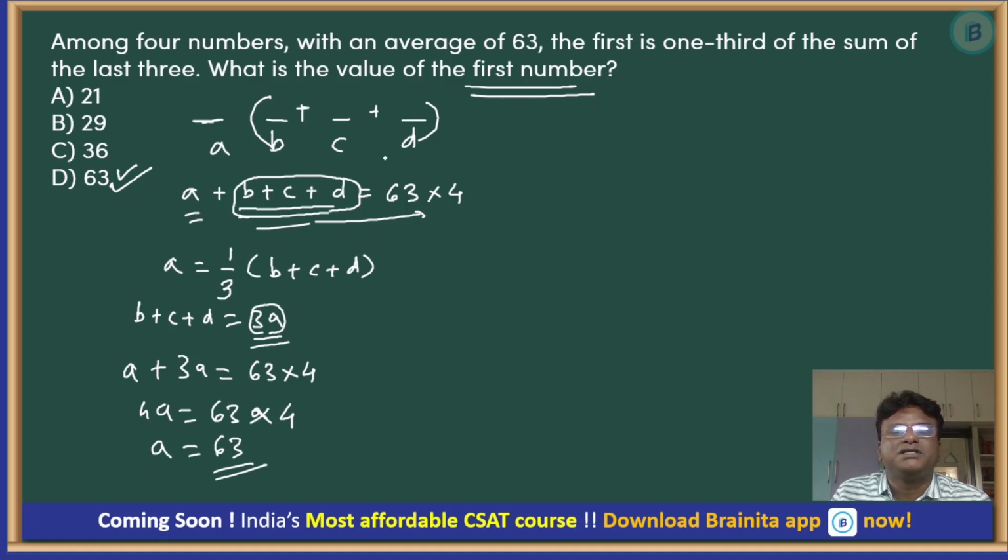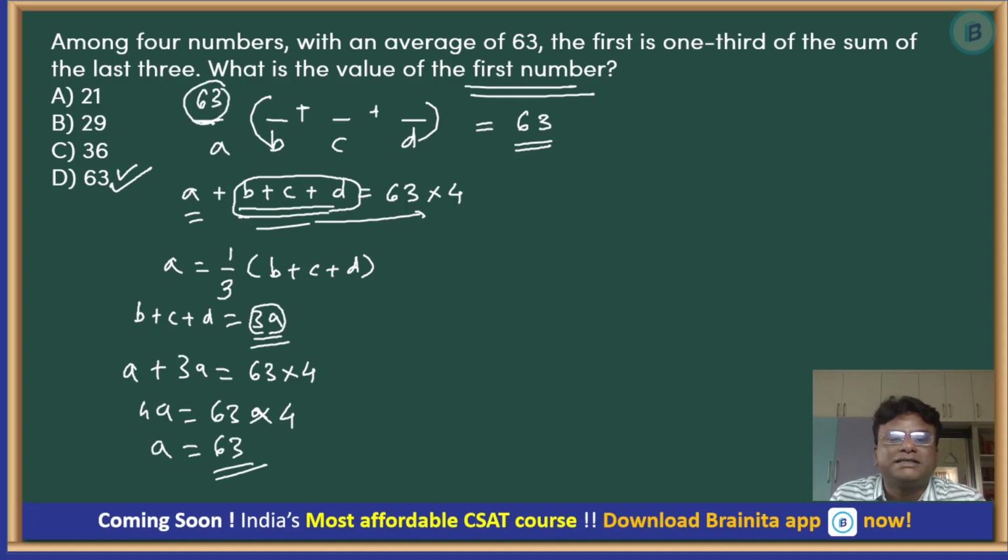B plus C plus D divided by 3. That means A is nothing but the average of B, C and D, because A is 1/3 of B plus C plus D. If the average of all these numbers is 63, A has to be the average of B, C and D, and the average of the four numbers is 63. That means A has to be 63.